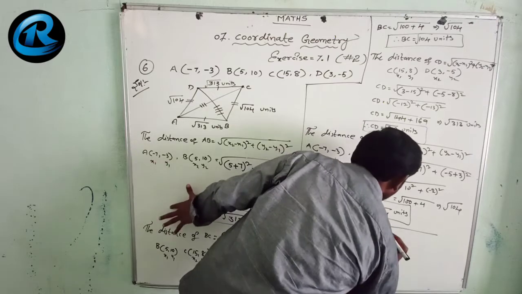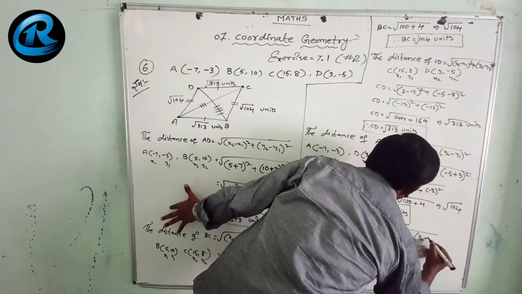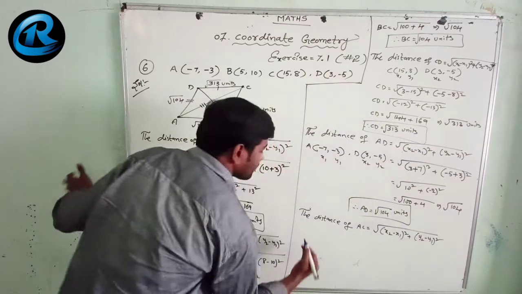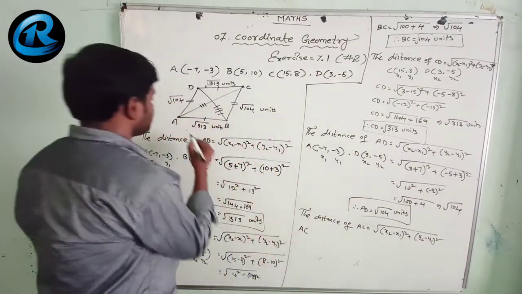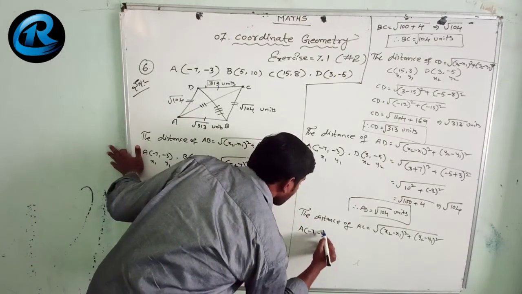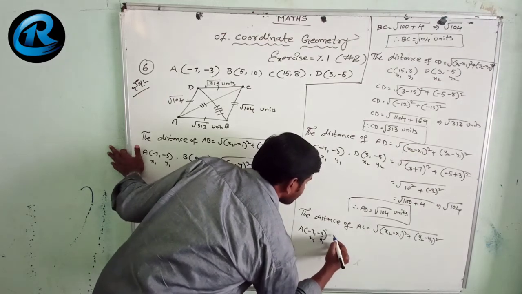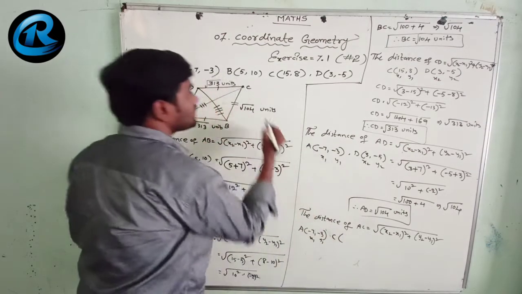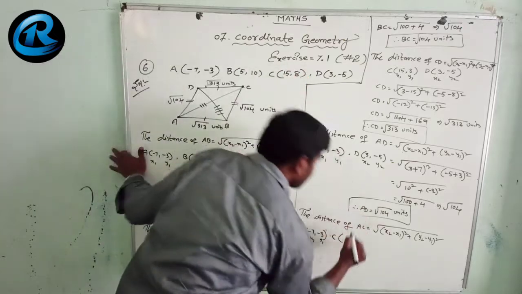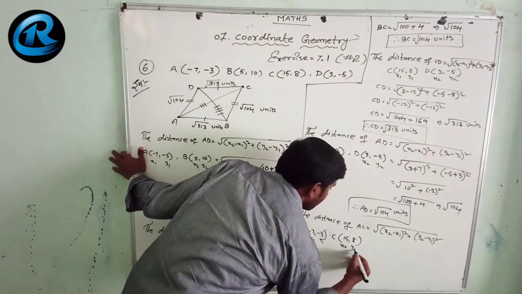equal to under root of (x2 minus x1) whole square plus (y2 minus y1) whole square, where A value is (minus 7, minus 3), here it is x1, y1, and C value is (15, 8), x2, y2.